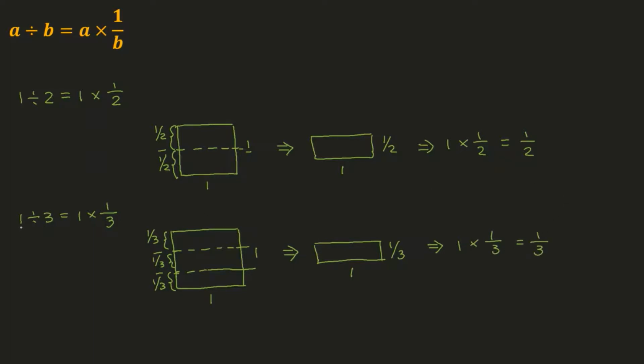So we started with 1 divided by 3, and we ended up with 1 multiplied by 3's reciprocal. So instead of 1's, 2's, and 3's, we can generalize this with a divided by b. And using the same derivation methodologies, you will eventually get the same thing, that a divided by b is the same as a times 1 over b.